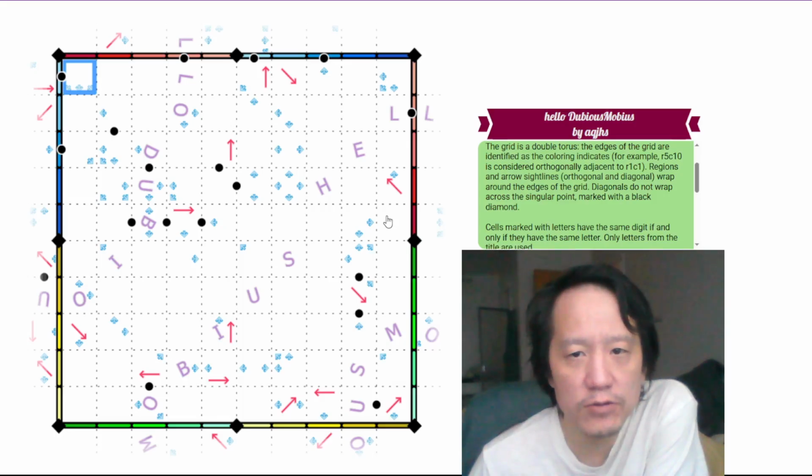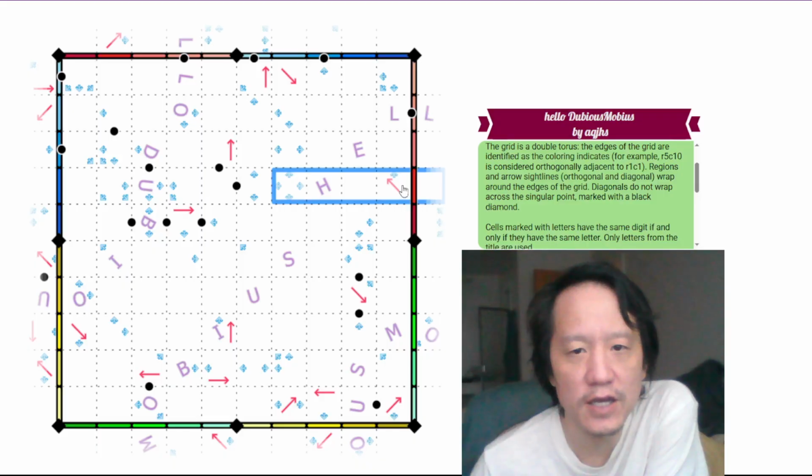Regions and arrow sightlines, orthogonal and diagonal, wrap around the edges of the grid.